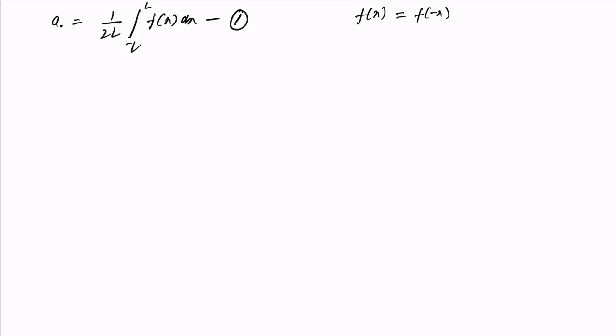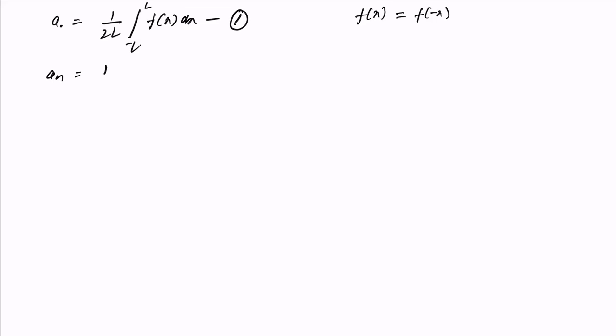So a0 will remain the same, because since it is a symmetric function, even if we replace x with minus x, f(x) will remain the same, so this will exist.